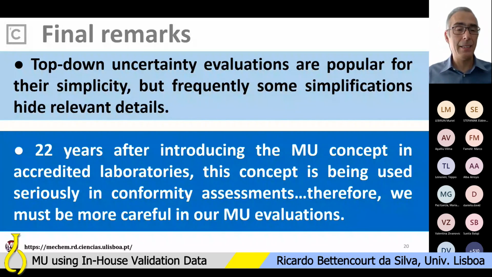So we celebrate the 22 years of the introduction of the uncertainty concept in accredited labs. But nowadays, uncertainty evaluation is more important because we are using it for conformity assessments. So this is time to pay attention and to look more carefully at our uncertainty evaluation.